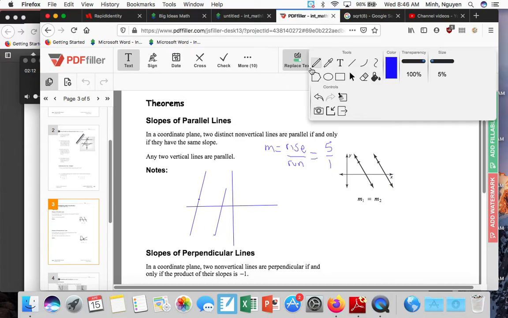Or if I started over here, I don't know, here, and I go up 5. Or you know what, since just the way I drew it, I'll go the other way. So down 5 and to the left 1. Then these two lines would be parallel if they have the same slope. So any two lines with the same slope are parallel. That's all it's saying.